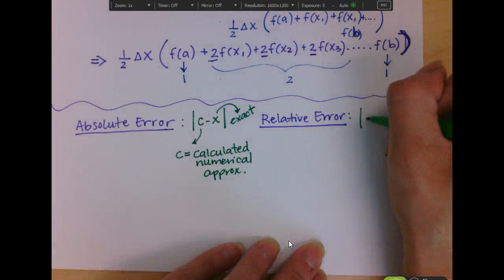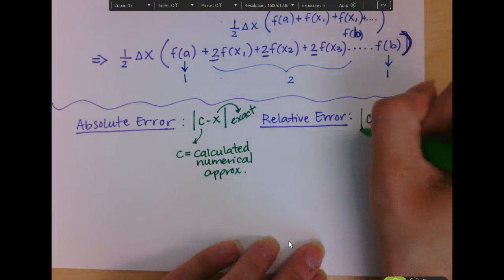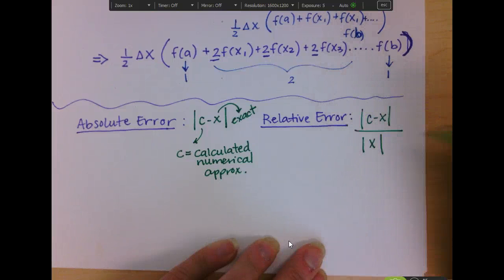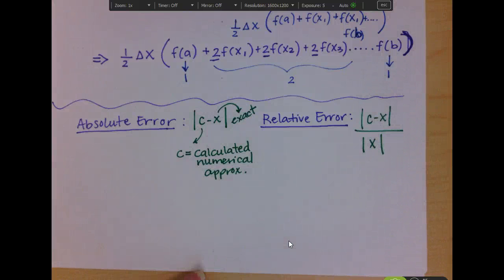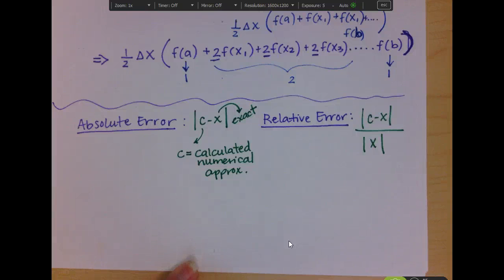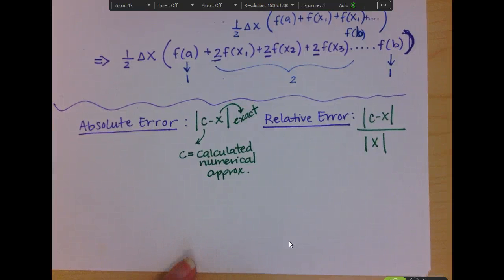Relative error looks at more than that. It looks at how many units we are away from the exact answer relative to what the exact answer is. So in other words, if I do some integration techniques analytically and I come up with an answer of 1, the area under the curve is 1.